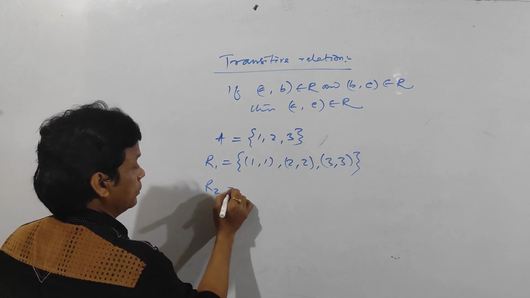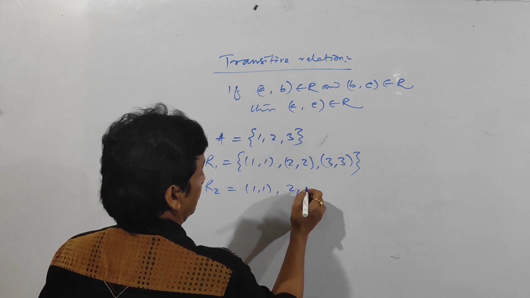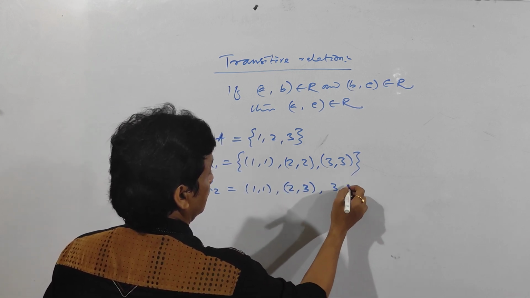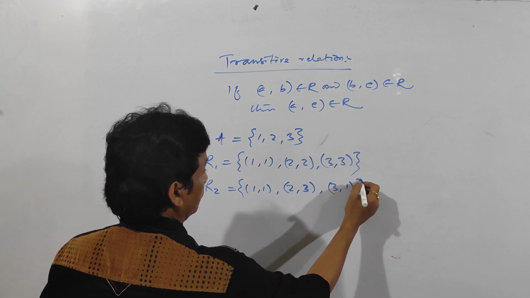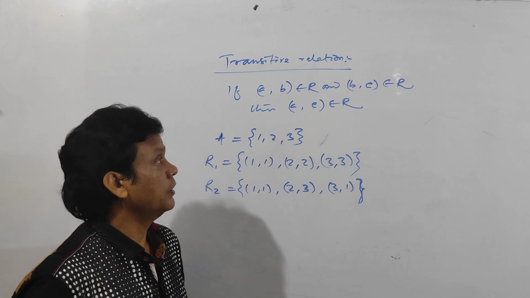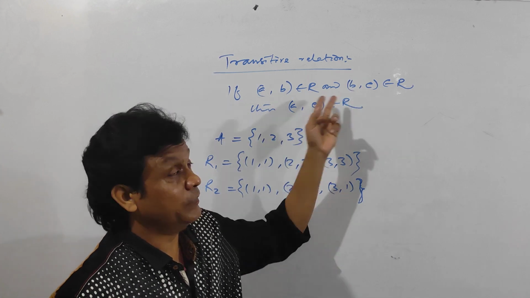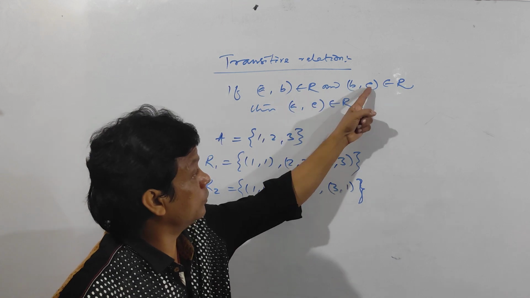This is R1, this is R2: (1,1), (2,3), (3,1). Like this. I am telling you, if this type of pattern is present, then A must be related to C.